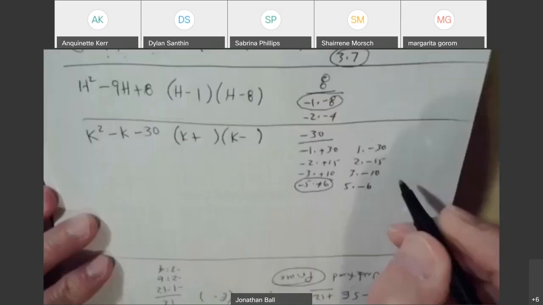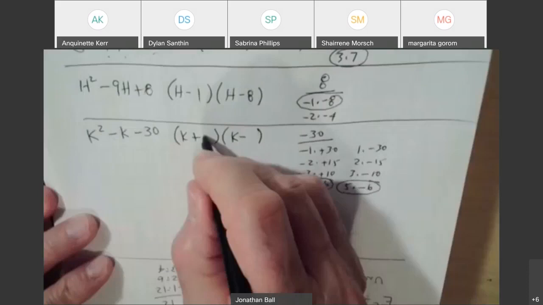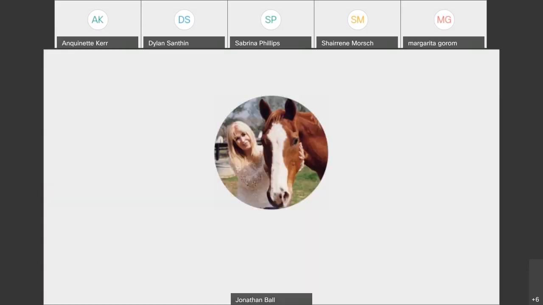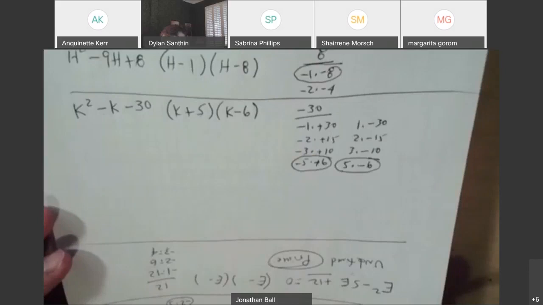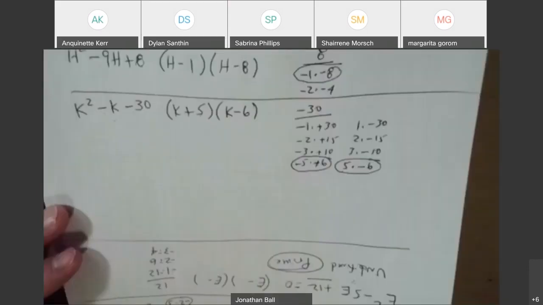You add these two together, you get -1. So it's going to be k plus 5 and k minus 6. Everybody get that one? You want me to do that one over again? Okay, everybody got it? Tell me now.